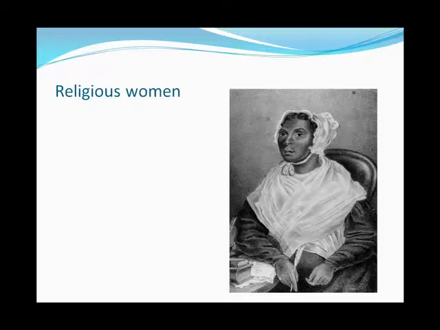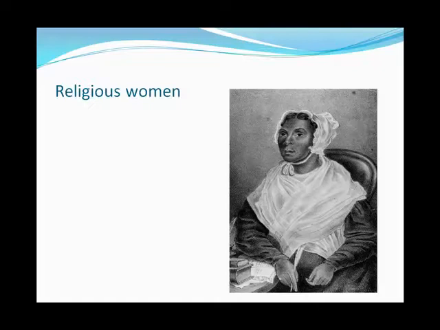Black women played an important part in religious organizations. Free black women were very active participants in church communities, most of them as congregants, but there were a few who were lay preachers or what became known as exhorters.